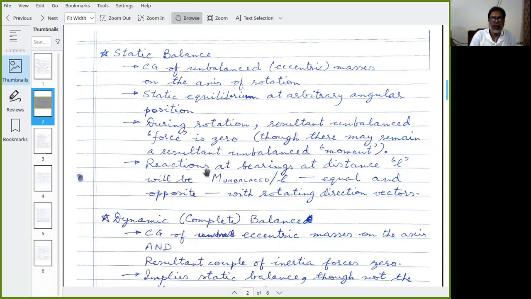Okay, but there could be more bearings, and in that case, there will be a distribution. The reactions at the two bearings at a distance L from each other will be the total unbalanced moment divided by L. And the reactions will be equal and opposite, with the rotating direction of force.